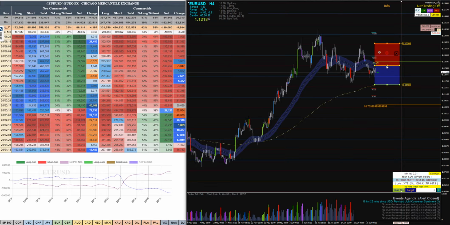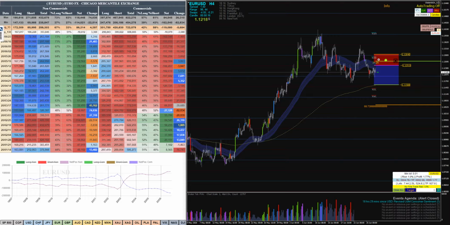So on the lower time frame, some small correction with the stop loss above their average price, and like that I could have a trade with a 1.77 risk reward ratio, which is pretty nice. So this is what I will be looking for on the euro.